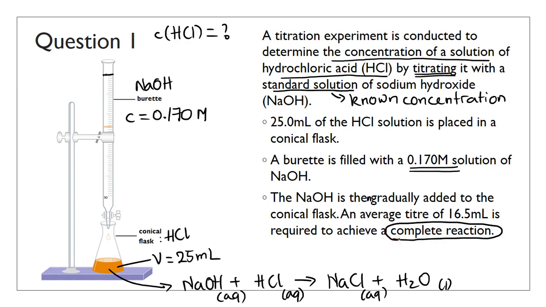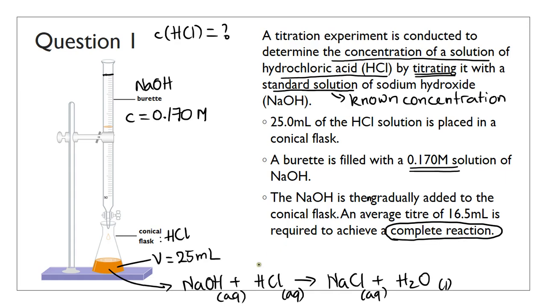We'll talk about what a complete reaction is in a little more detail next week, and also how you know when to stop. All of that technicality we'll talk about next week. So let's just assume that magically I know when I'm supposed to stop adding the sodium hydroxide. You're supposed to stop when you have a complete reaction.